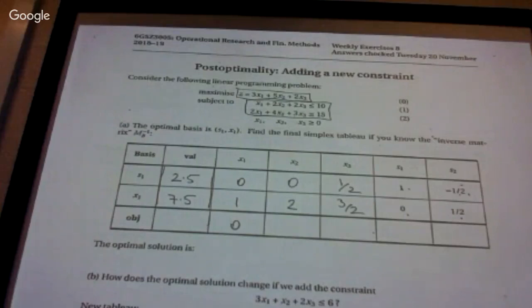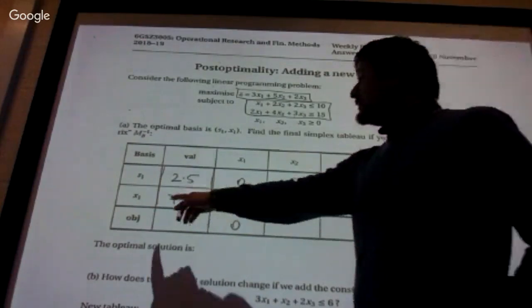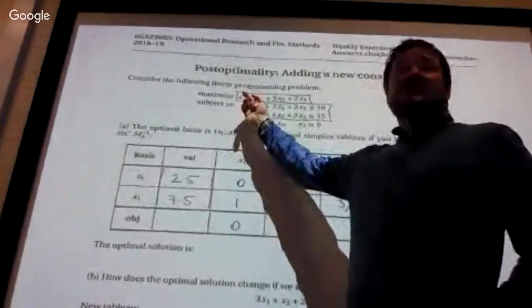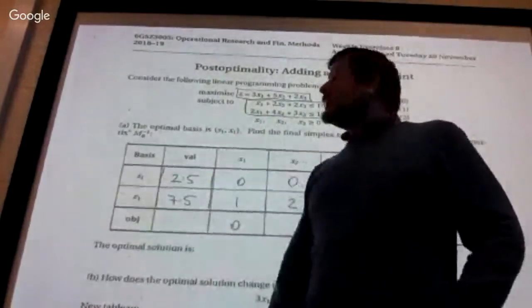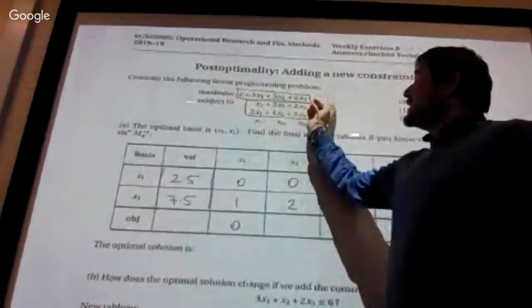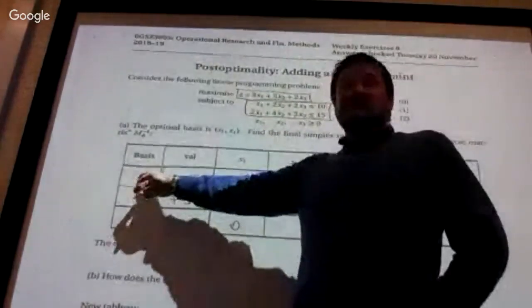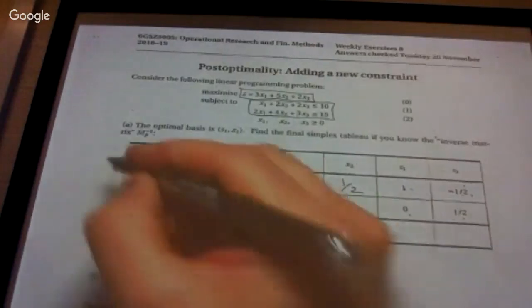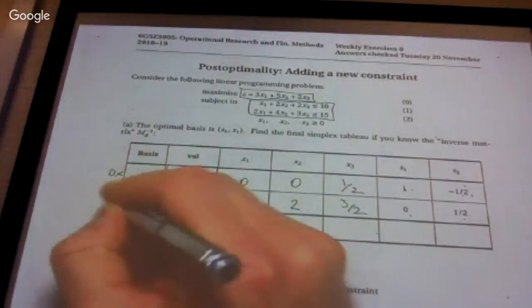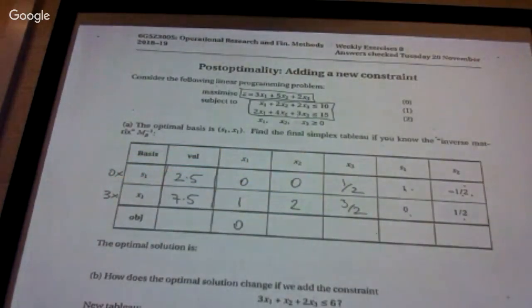The bottom row is x1, and there's 3x1 in the objective, so you'll be taking 3 times this row. And the top one is s1, and there's no s1 in the objective, so you'll be taking 0 times this row.